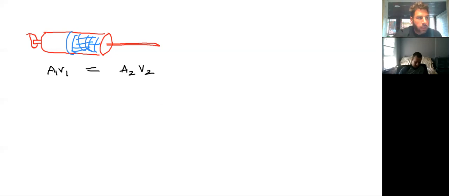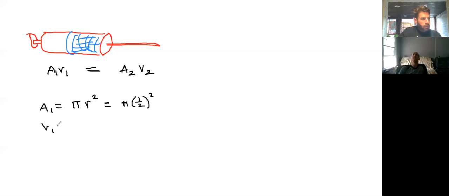What I like to do, and this is just my own personal way, is write down what everything is. A1, we know what it is: pi times the radius squared. But what's the radius? That's half the diameter, so that's pi times 1/2 squared.